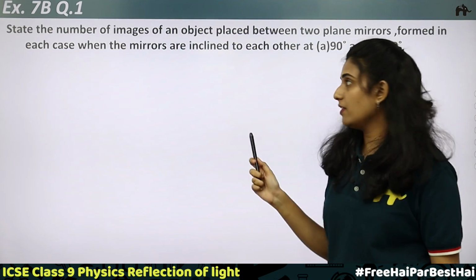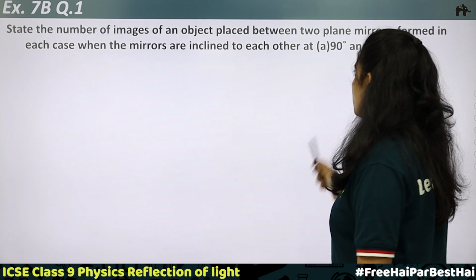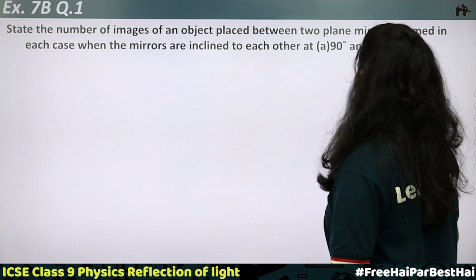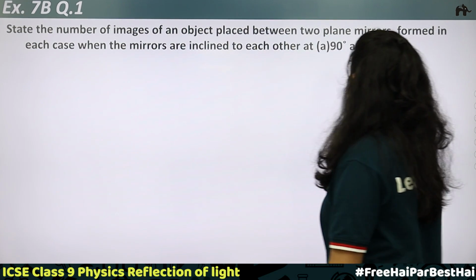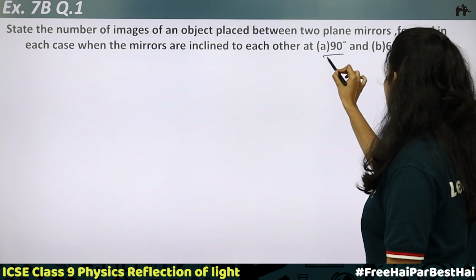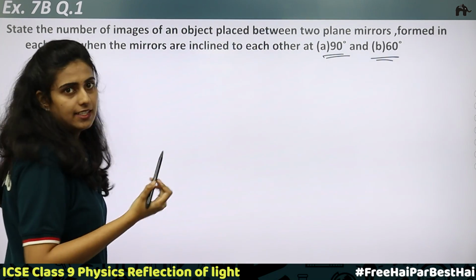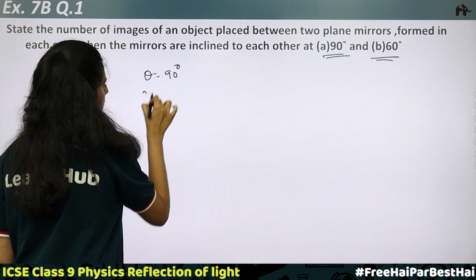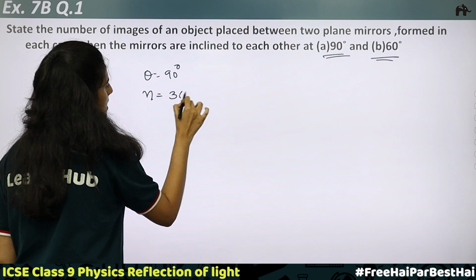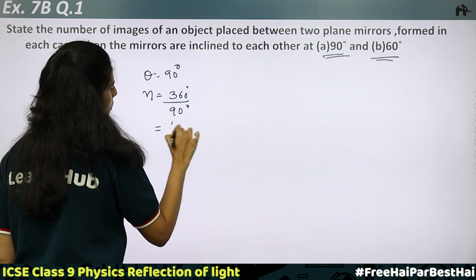Question 1 of exercise 7B. State the number of images of an object placed between two plane mirrors formed in each case when the mirrors are inclined to each other at 60 degrees, at 90 degrees and at 60 degrees. So, when the angle theta is equal to 90 degrees, the n value will be equal to 360 degrees divided by 90 degrees, which is equal to 4.